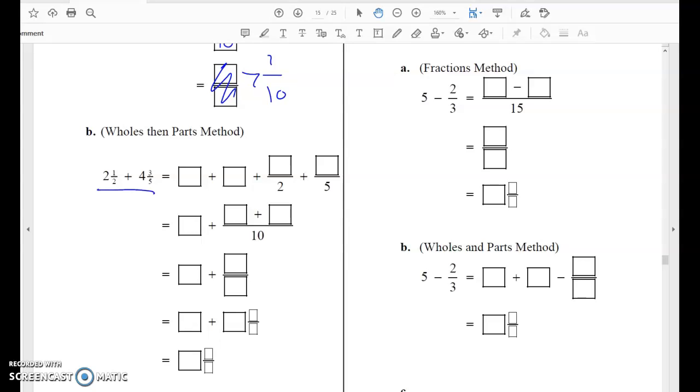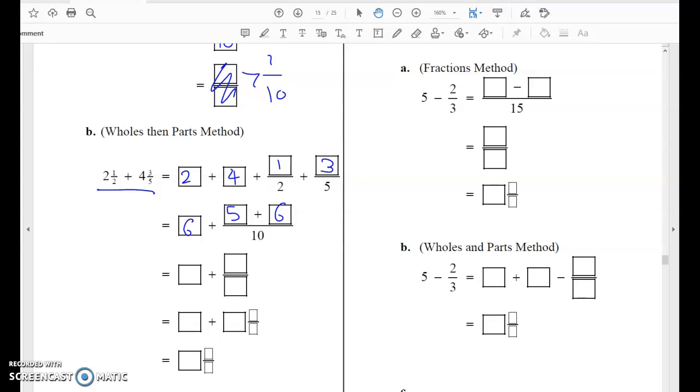So this question here is the same thing as saying, well, I've got 2 wholes in the first part, another 4 wholes, and then I've got a half and 3/5. So 2 plus 4 gives me 6 wholes at the moment, and then the second part, I've got a half, which is 5 out of 10, and 3/5 is 6 out of 10.